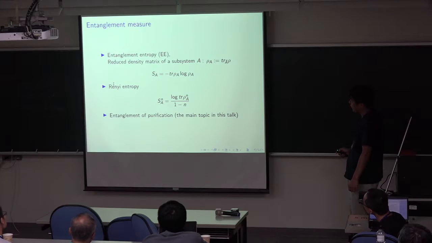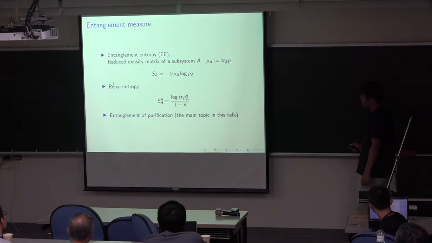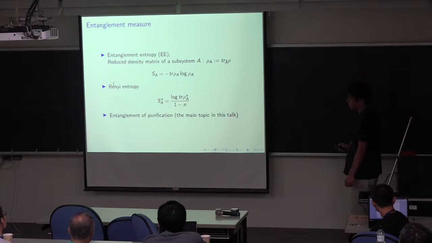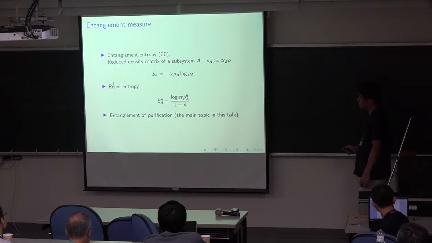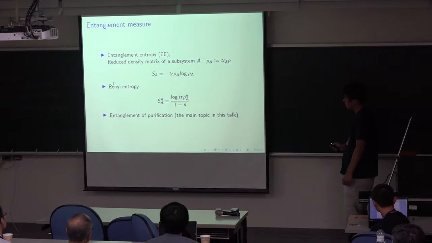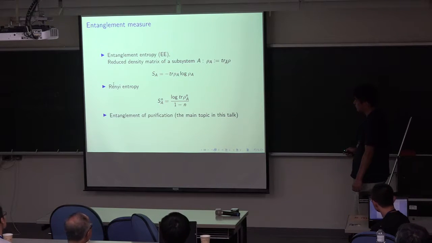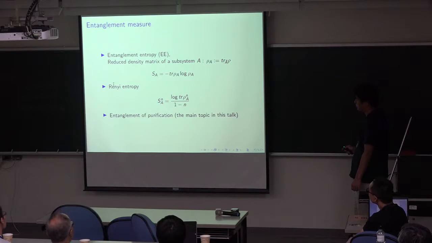This is defined by the state for the whole spacetime, and we choose the complementary part of A, and then we get a reduced density matrix. Even though the state is pure, this reduced density matrix is mixed. So the entropy is not zero even though the full state rho is pure.